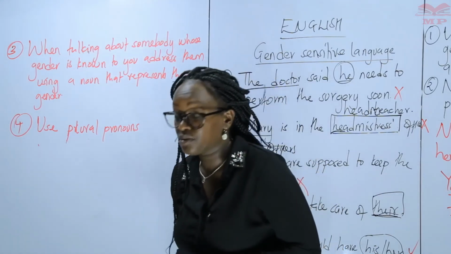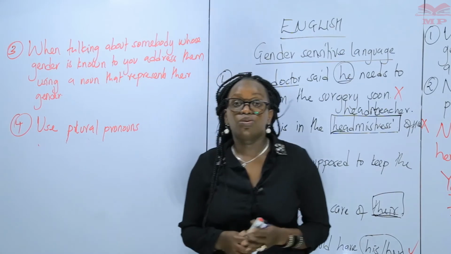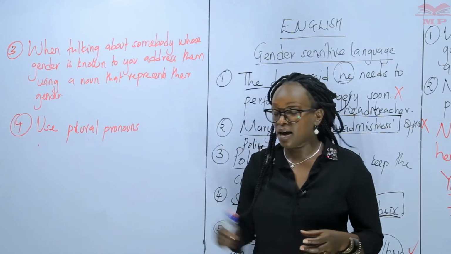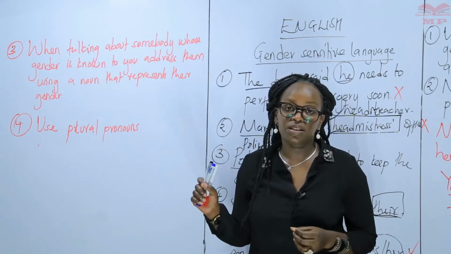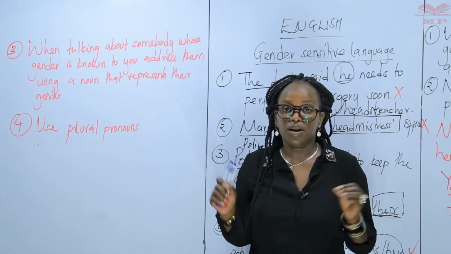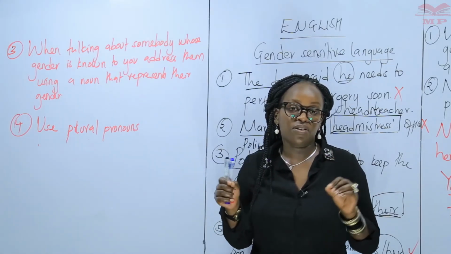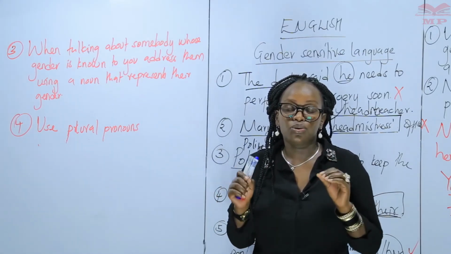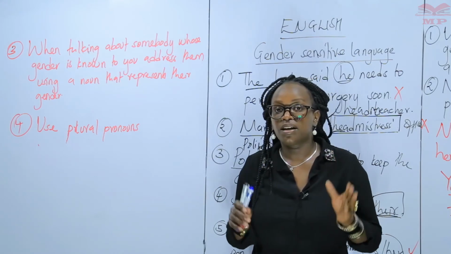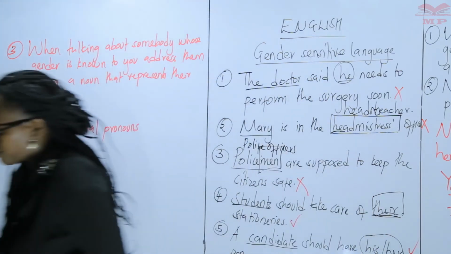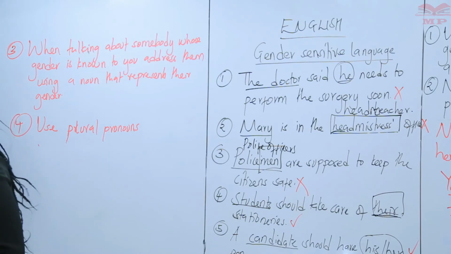So I've come to the end of the lesson. I would like to give some work to be done. I'll just write a few sentences there for you to correct, so that the sentences that I give are gender insensitive, and you correct them to be gender sensitive. I'm just going to write the assignment here.